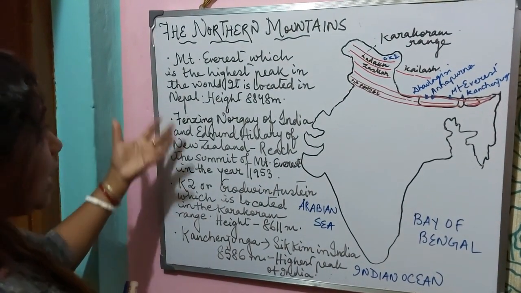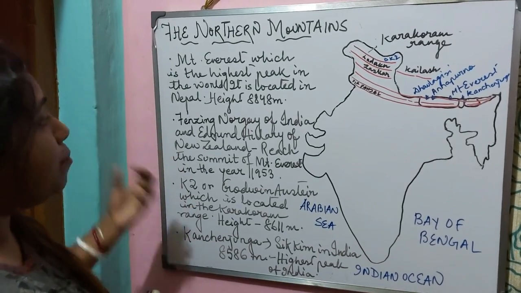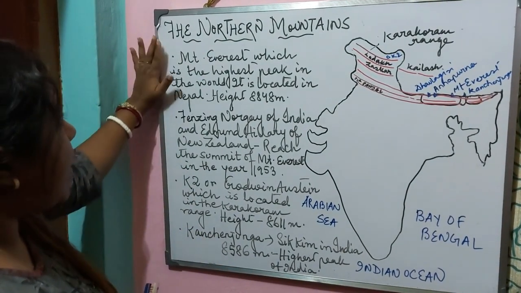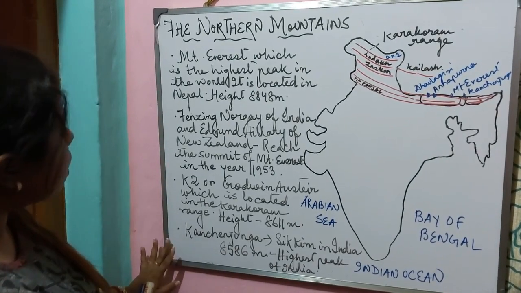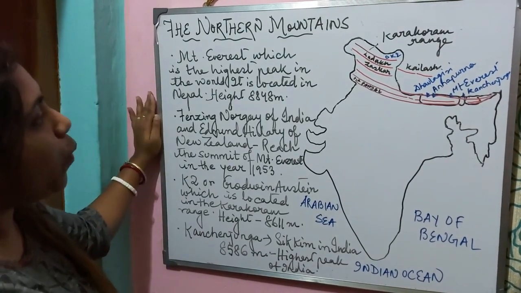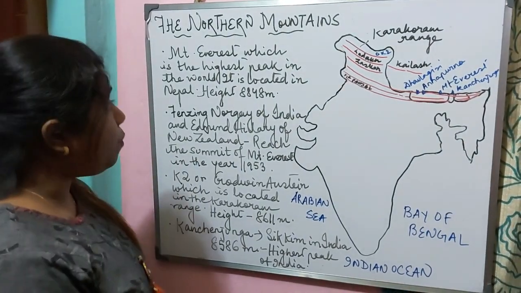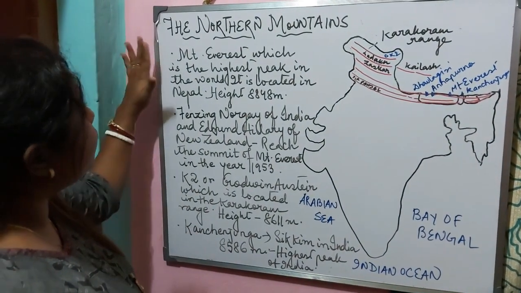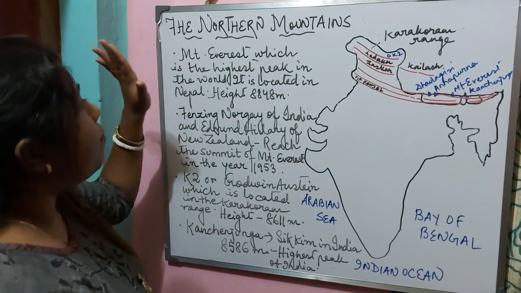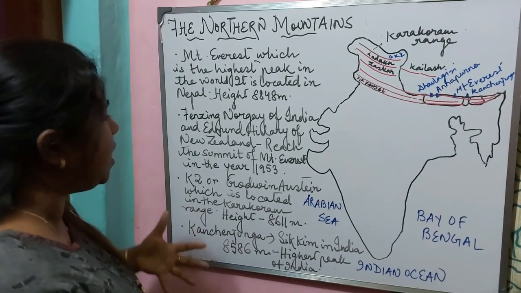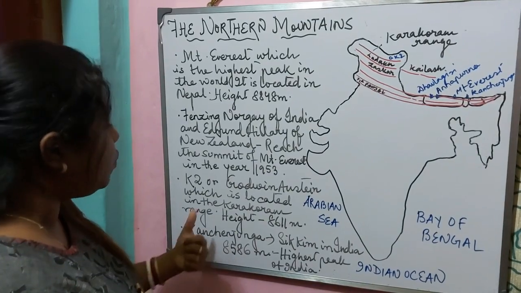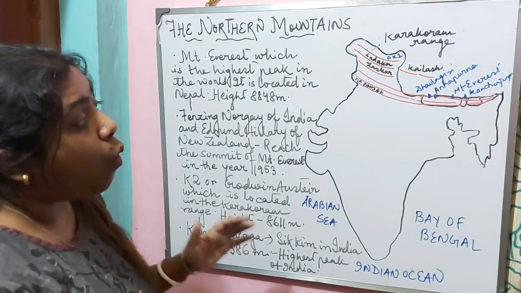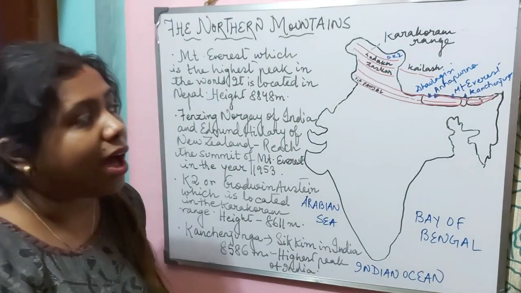So what can we see? Which are the peaks located in the Himalayas? As you can see, the highest peak, Mount Everest, the second highest peak, K2, and the third highest peak, Kanchenjunga, are all located in the Himalayas.